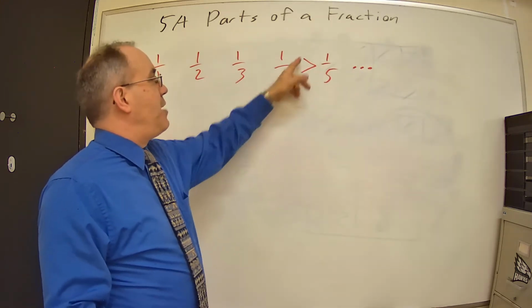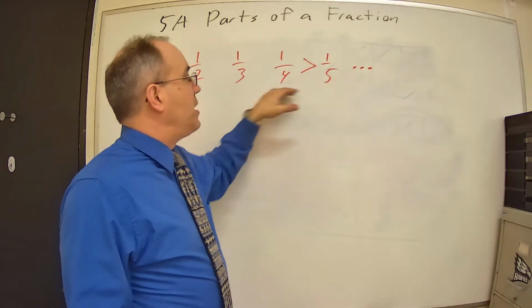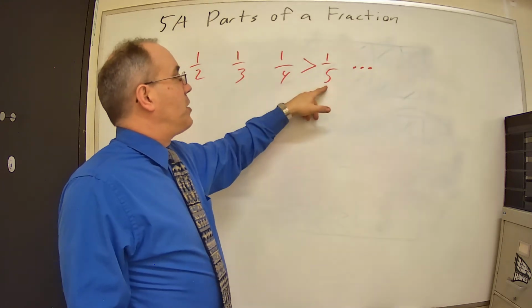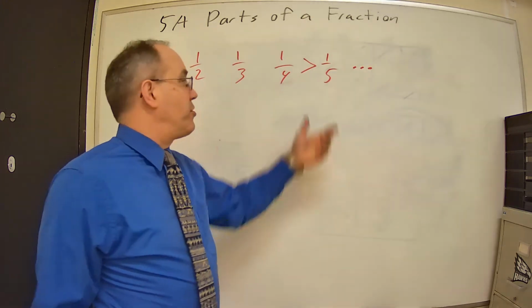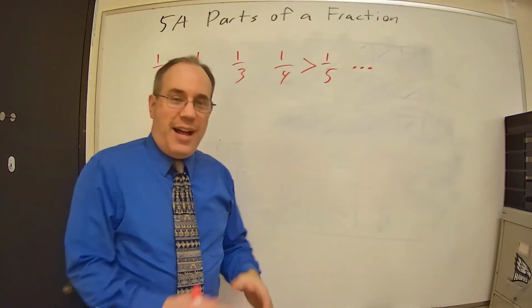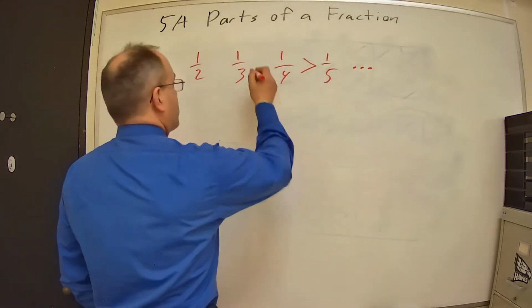The larger side points to the larger number. But you have to remember, it's not looking at the denominator and saying, oh, 5 is bigger than 4. We have to look at it as we only have one piece out of 5 to make a whole one. There's 5 pieces needed to make a whole one. I only have one of them, so I'm splitting it into smaller pieces. I have one of those smaller pieces.